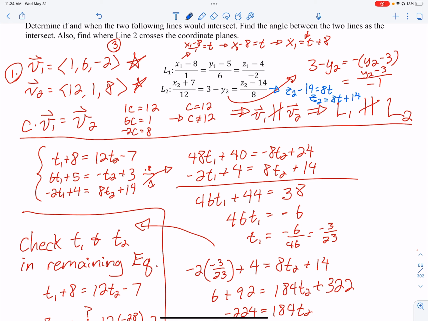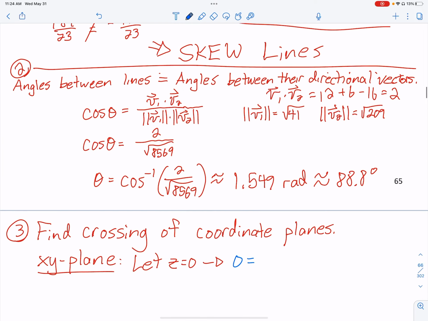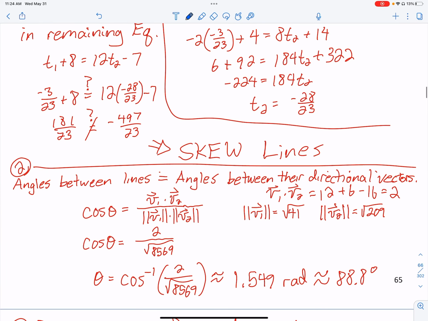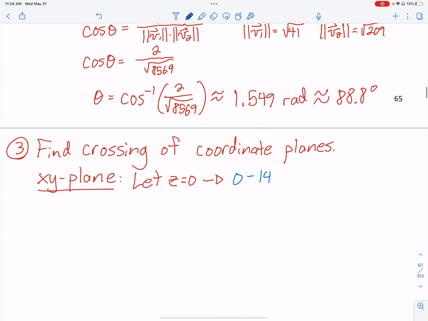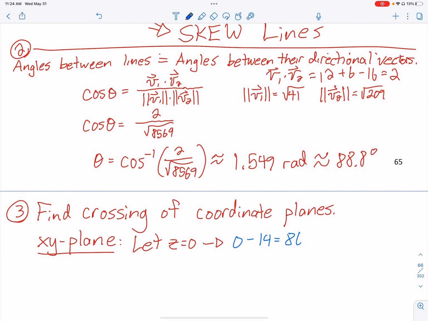Actually, we could have done it right here. If I let Z equal 0, so let's do that. I get 0 minus 14 equals 8T. Yep, there we go. Which tells me that T is equal to negative 7 over 4. This is T2.